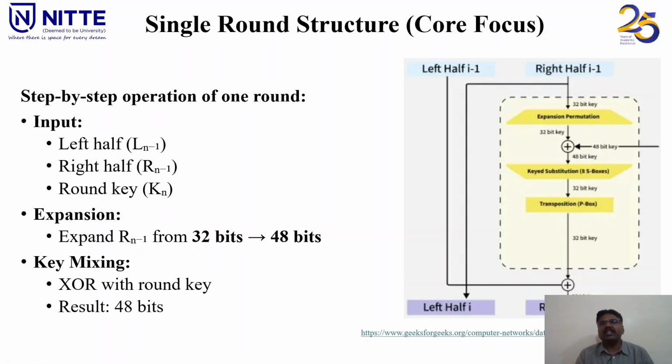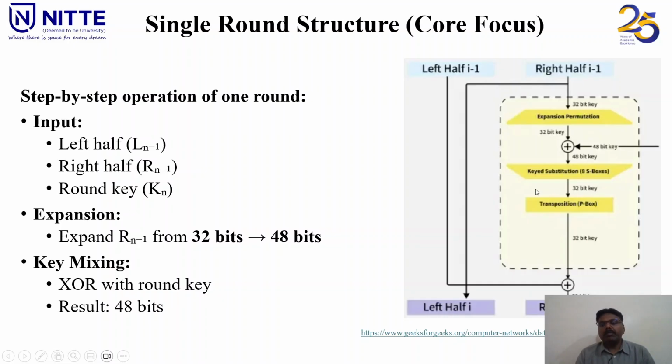Referring to it, we replace the bits: the first and last bits are used as the row, and the middle 4 bits are used as the column. So there are a total of 8 S-boxes, and all of them together convert the input into a 32-bit size.